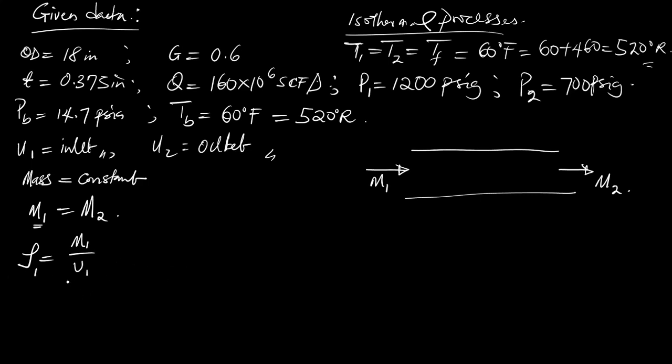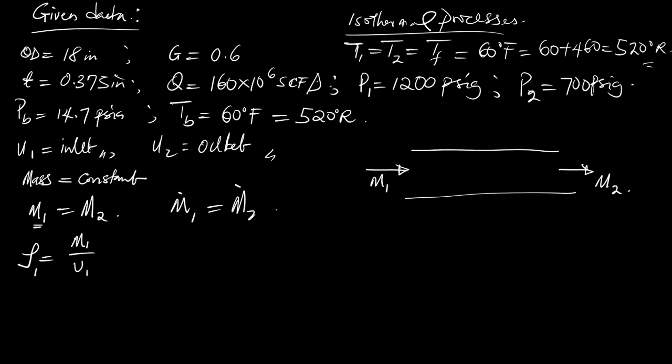If you say this is mass that comes in here and mass that goes out here, and you integrate this mass M1 equal to M2, you have M dot 1 equal to M dot 2 with respect to time. So that means the mass flow rate is also equal.